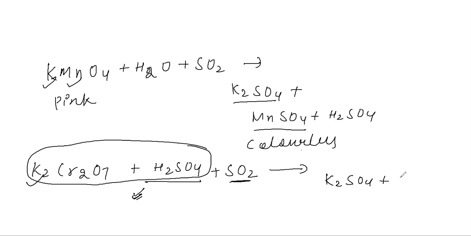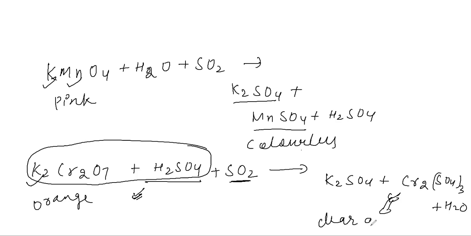It will form the salt of chromium, Cr2(SO4)3, plus H2O. It was orange in color, and the chromium sulfate salt is of a clear green color. So if there is a change in the color, then also you can say yes, now this is the sulfur dioxide gas.